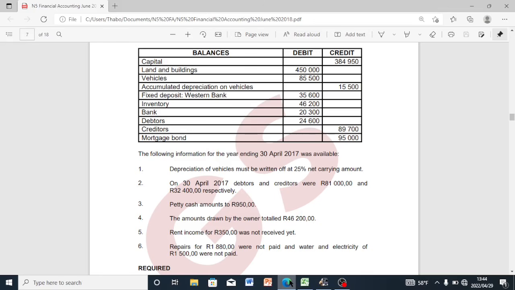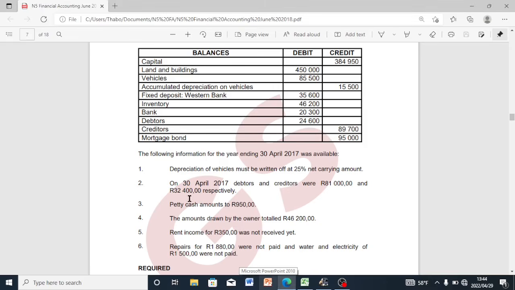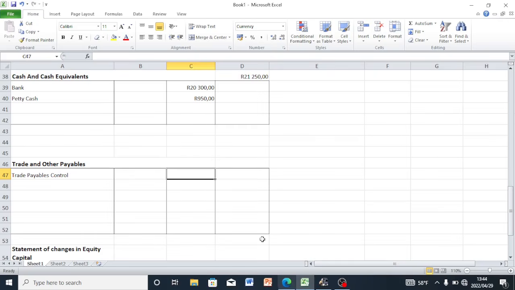So looking at our information, we only have our creditors amount, which is the 32,400. We are going to record it under our trade and other payables as our trade payables control, 32,400.